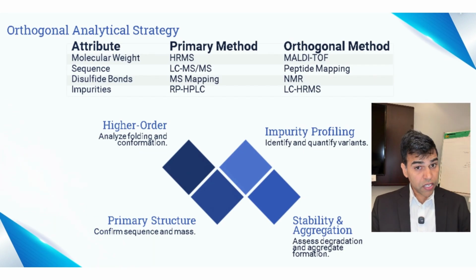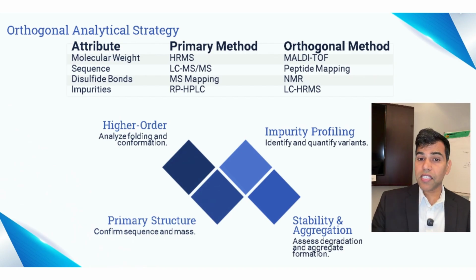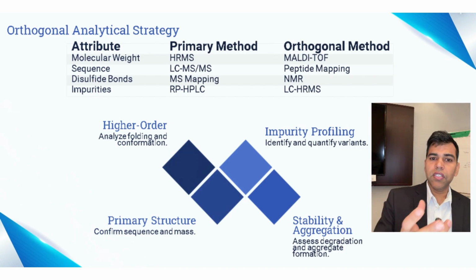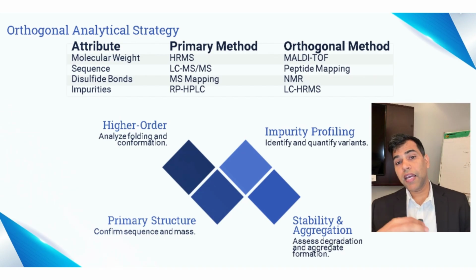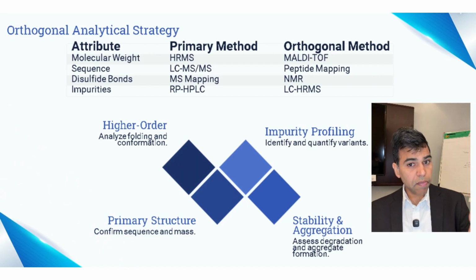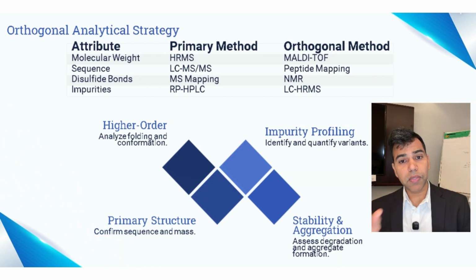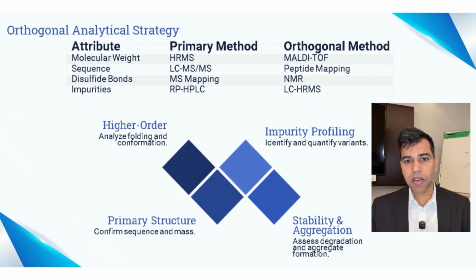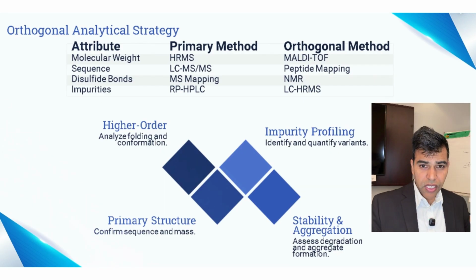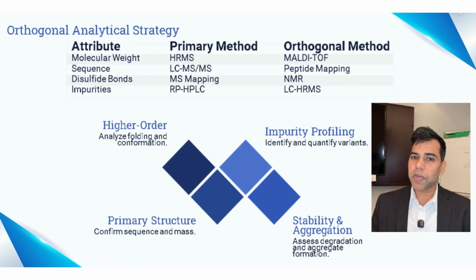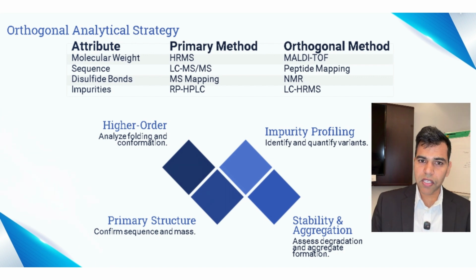So molecular weight confirmed by HRMS and MALDI-TOF, sequence confirmed by LC-MS and peptide mapping, disulfide bonds confirmed by mass spectrometry mapping and NMR, impurities confirmed by RP-HPLC and LC-HRMS.